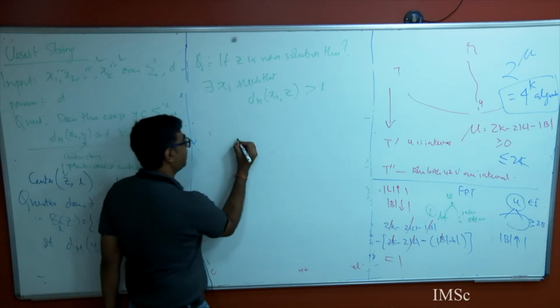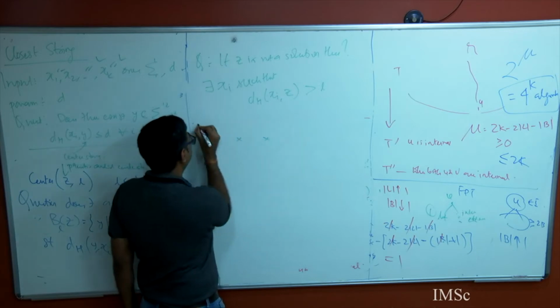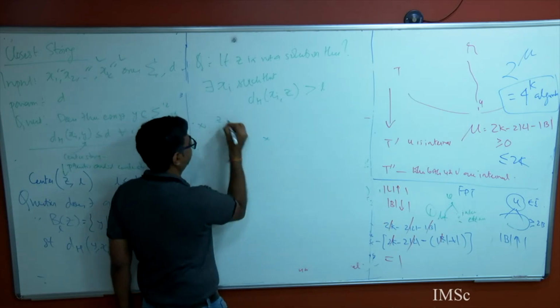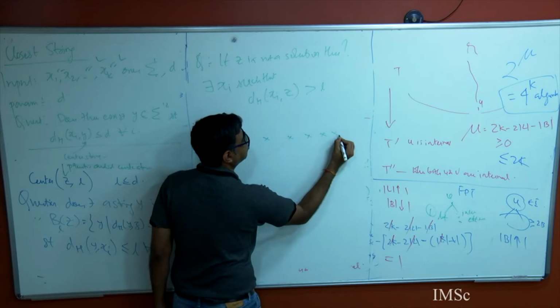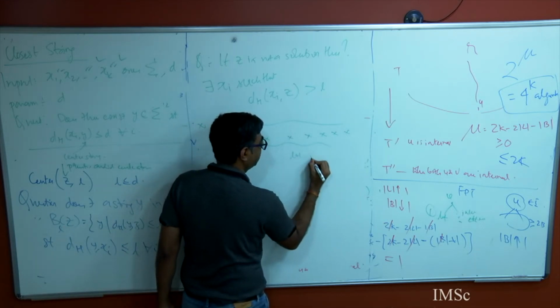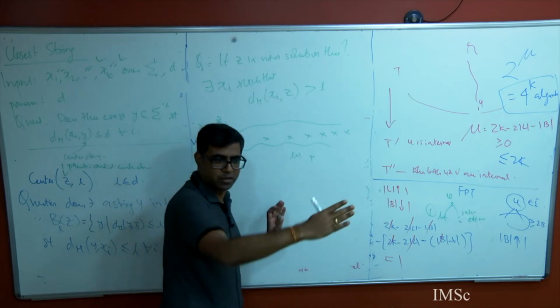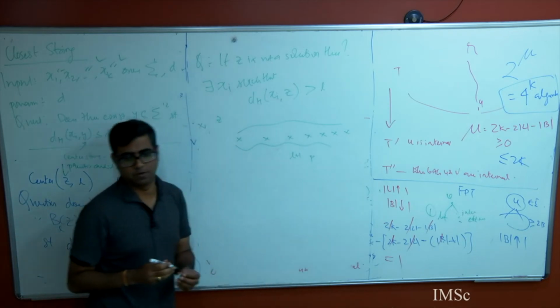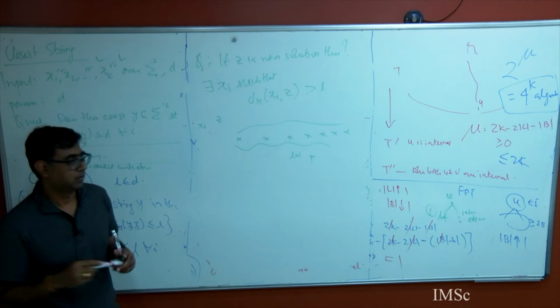Okay, fine. What is the meaning of this? So let's look at this xi and this is Z. So pick any L plus 1 positions. They could differ at many places, but I just arbitrarily pick L plus 1 positions. What can you say?